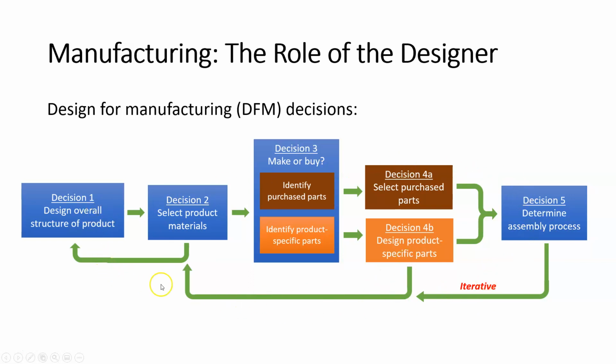The whole decision-making process here is very iterative. There's a lot of back and forth and a lot of 2 steps forward, 1 step back. But that's just the nature of engineering design. Okay, so those are our 5 decisions for our design for manufacturing process.